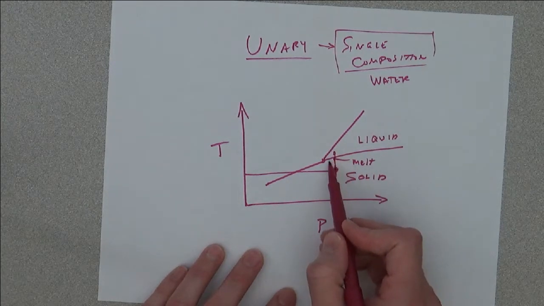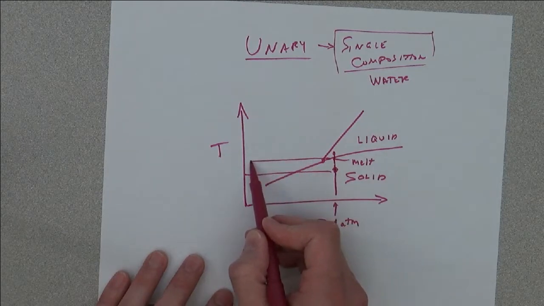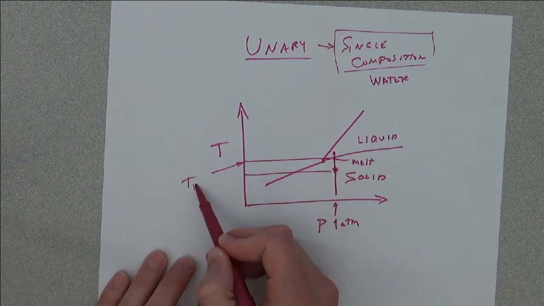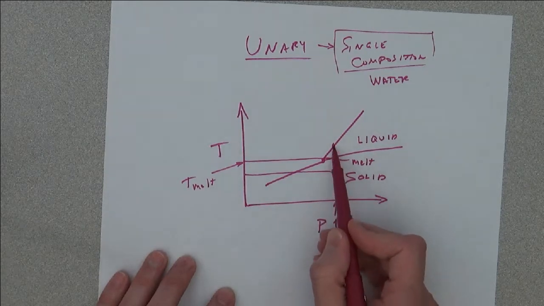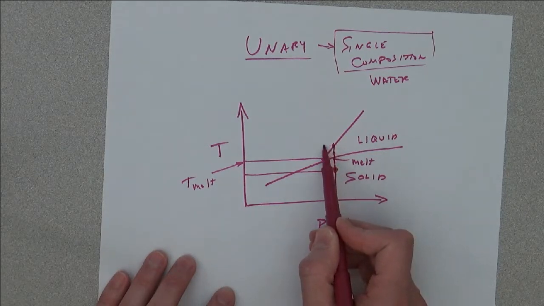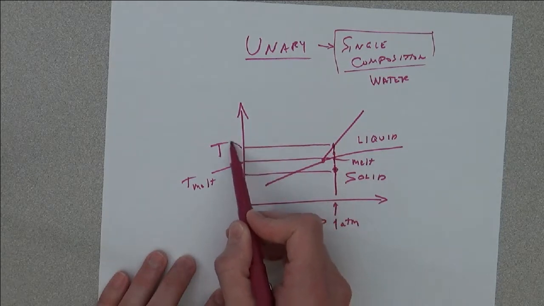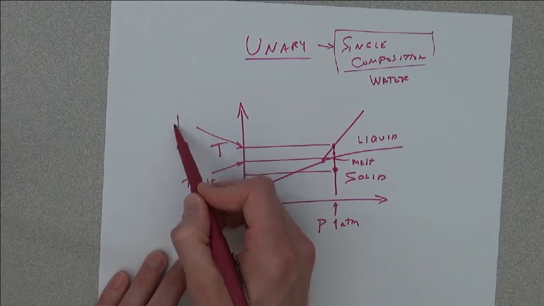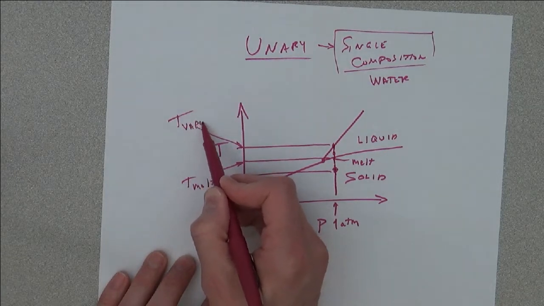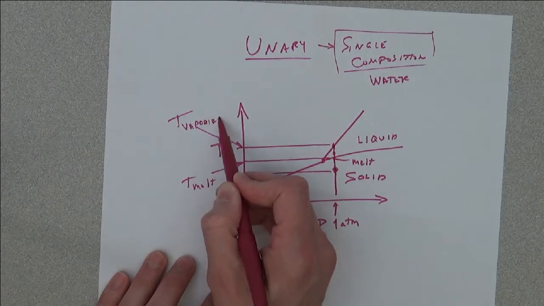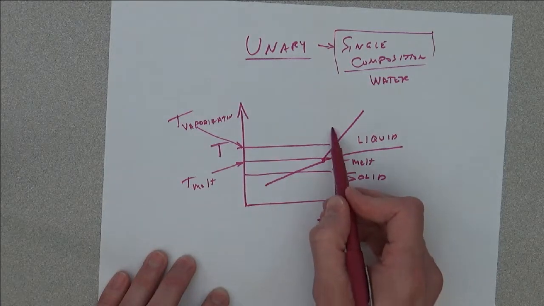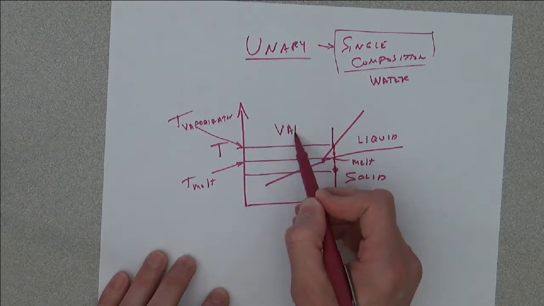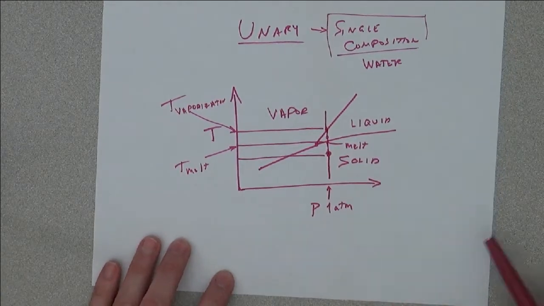Keep going up in temperature, so I'm going to mark this as T melt. We reach this point, and we transition from liquid to vapor. T vaporization temperature, or boiling, which means above that we are in the vapor phase.